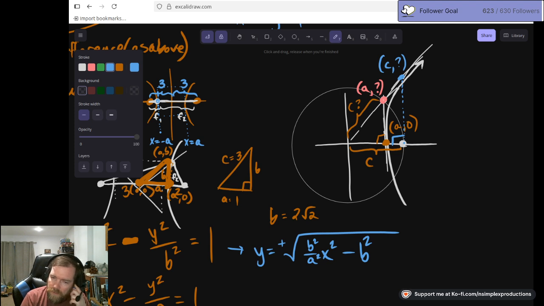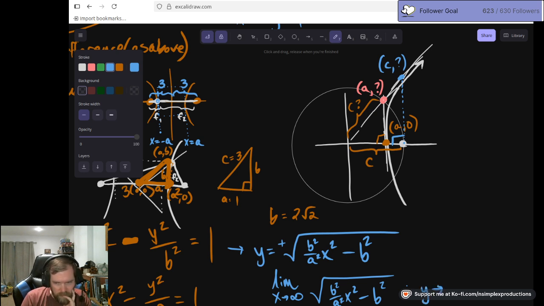So if we take the limit as x goes to infinity of this thing, b squared over a squared, x squared minus b squared, then y will approach the square root of b squared over a squared times x squared, which is going to be equal to b over a times x.